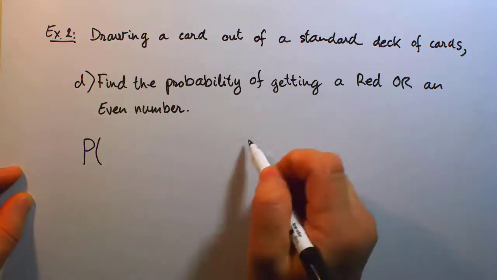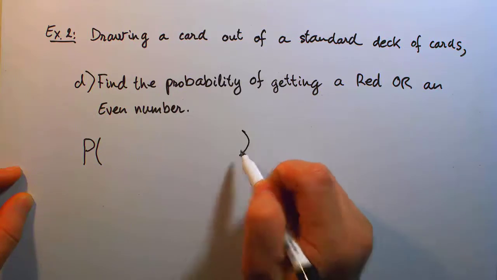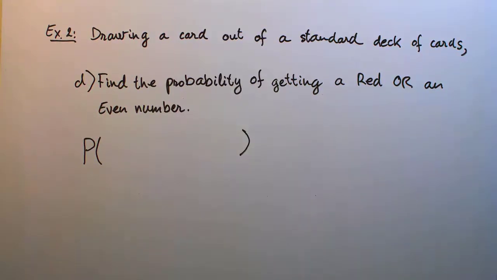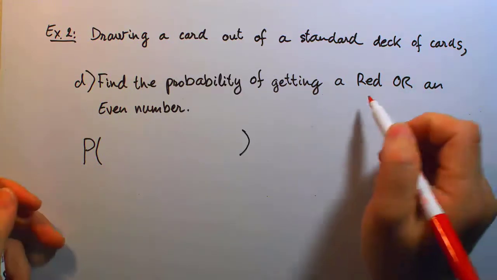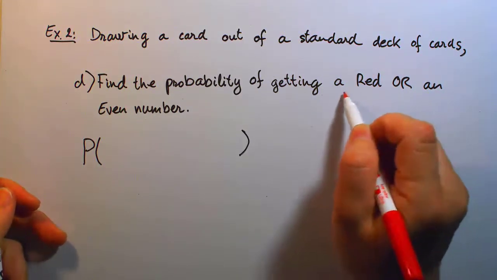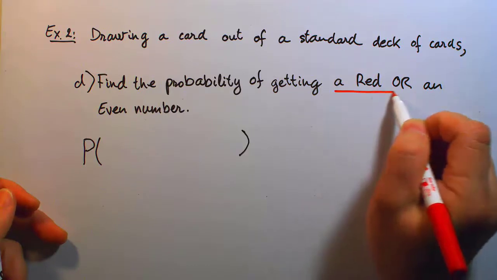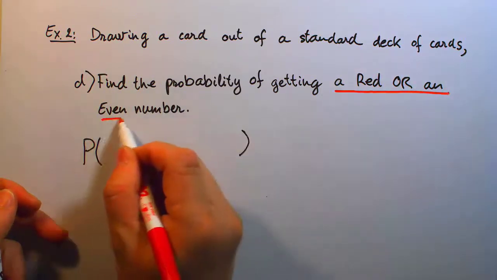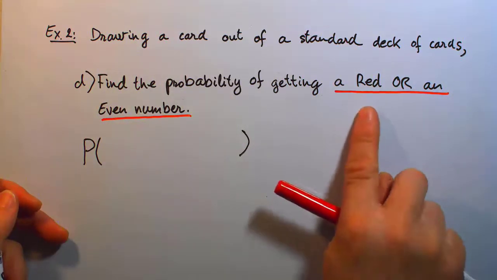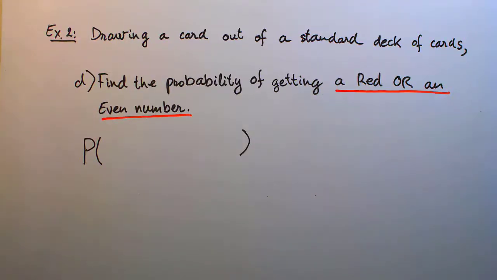getting. So I'm going to set up my symbolic statements here, E in empty parentheses. The event is simple to recognize: it's getting a red or an even number. So basically it means a red card or an even number. That's our event being underlined in red ink.